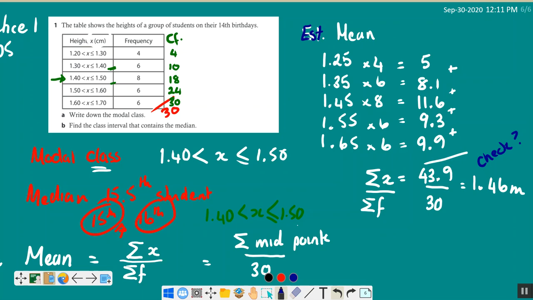And you need to be able to answer, because I don't know what the actual value is. You haven't been given the actual. You've not been given the what data? Raw data. No raw data there, the data's already been grouped. So from that we can find the modal class, we can find the median, where it is, and we can find the estimate of the mean. All right with that? Okay, I'm done.